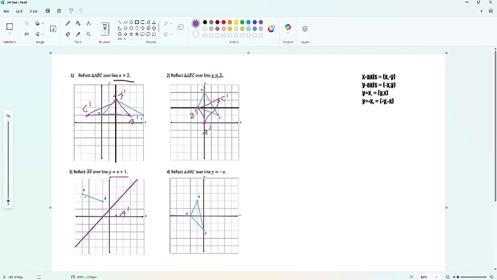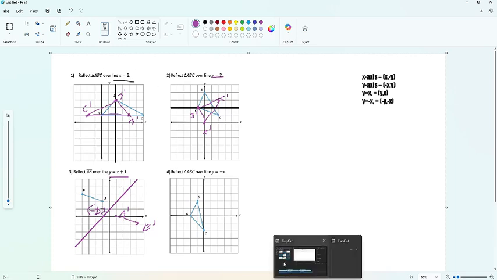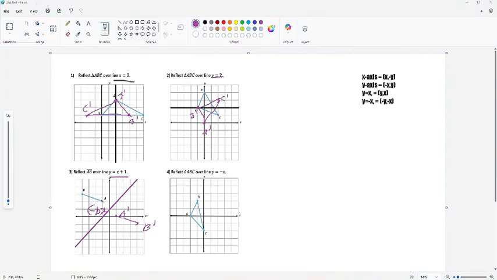And this is 2 and 4 away, so it'll be 2, and 4 away, right? I think that's right. B prime. We can fact check this. A is negative 2, 1. Negative 1, 2. Sorry about that.